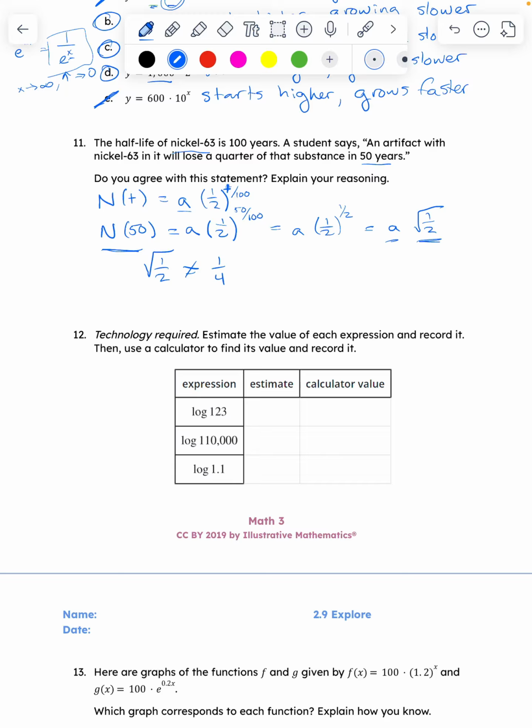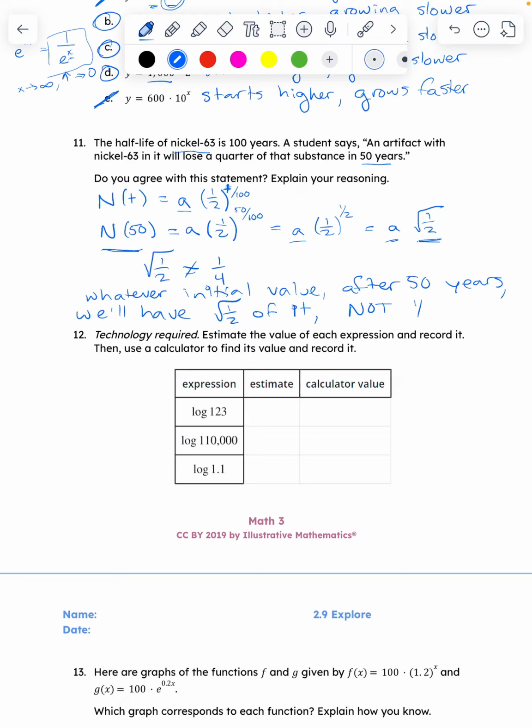So it doesn't matter what my initial value is, whatever the initial value is, after 50 years we'll have the square root of 1/2 of it, or times it, not a quarter.